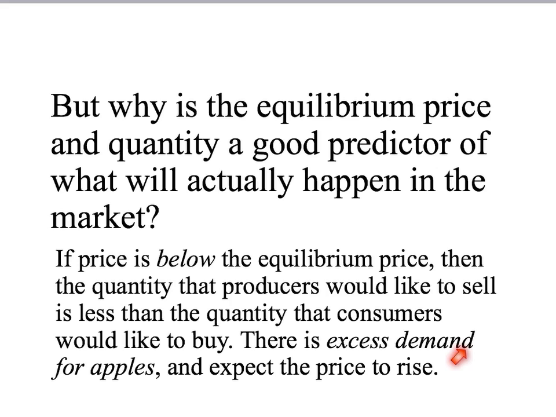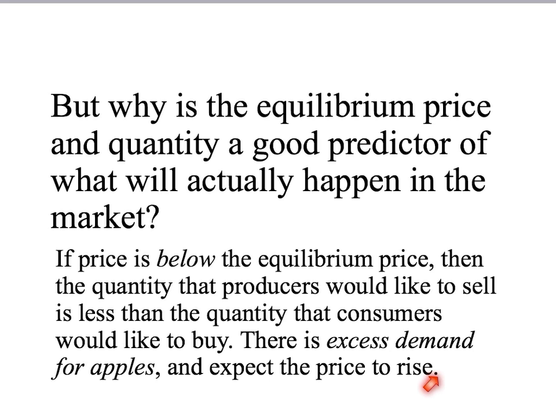There's an excess demand for apples, and we expect the price to rise. Notice what happens. A price above that equilibrium price of P-star, or $6 per kilogram for apples, excess supply, price falls. A price below that equilibrium price of P-star, or $6 per kilogram for apples, excess demand, and the price rises.